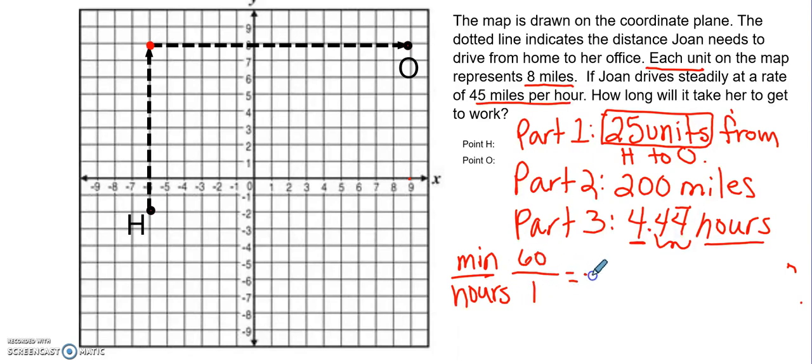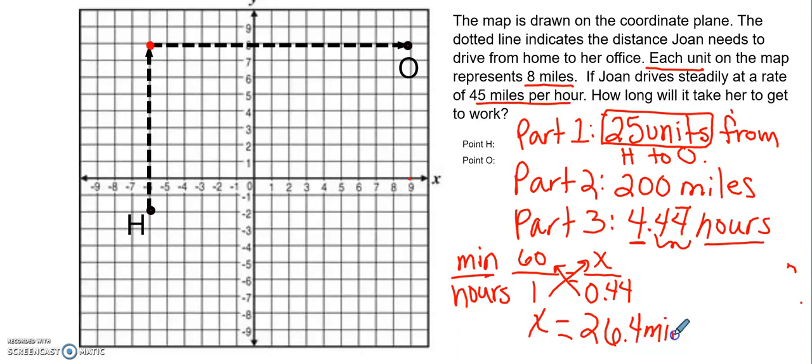I will need to find out how many minutes are in 44 hundredths of an hour. And I'm going to cross multiply. Press pause and type it in your calculator, and your answer would be X equals approximately 26 minutes.